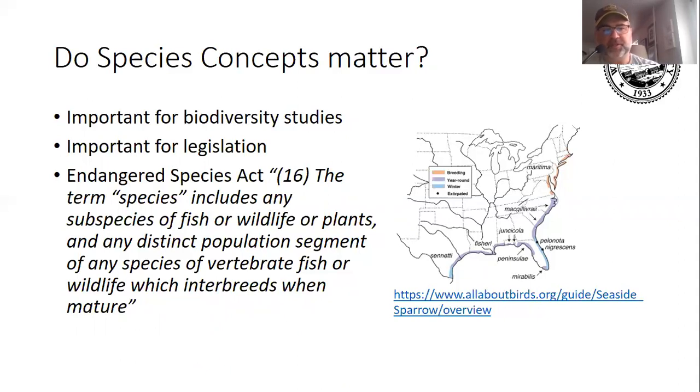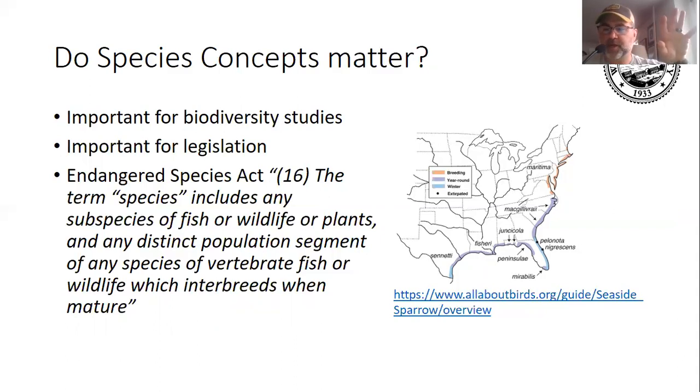So it includes any subspecies, so they recognize subspecies, a fish or wildlife or plants, and any distinct population segment of any species. So they're recognizing population segments, what I think that means is populations that are separate from other populations.